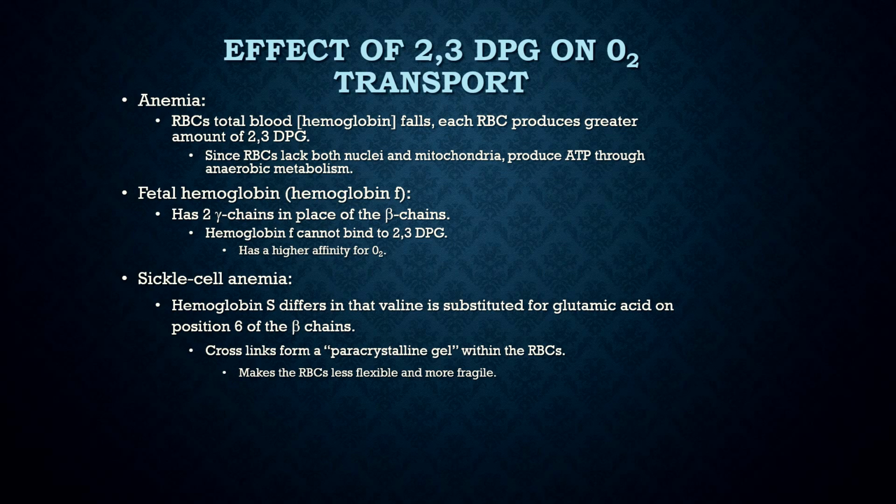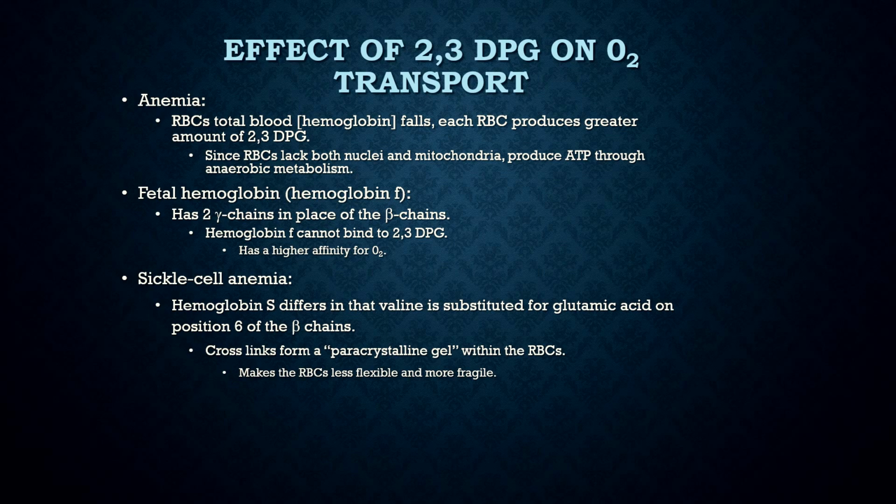What that does then is increased concentrations will decrease the affinity between hemoglobin and oxygen. And so this will shift that dissociation curve to the right. This is typically what we see with anemic patients because they have a low concentration of hemoglobin, and so they have to combat that by producing 2,3-DPG.